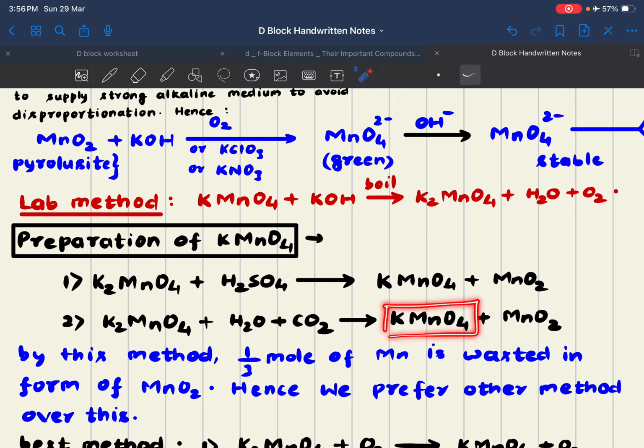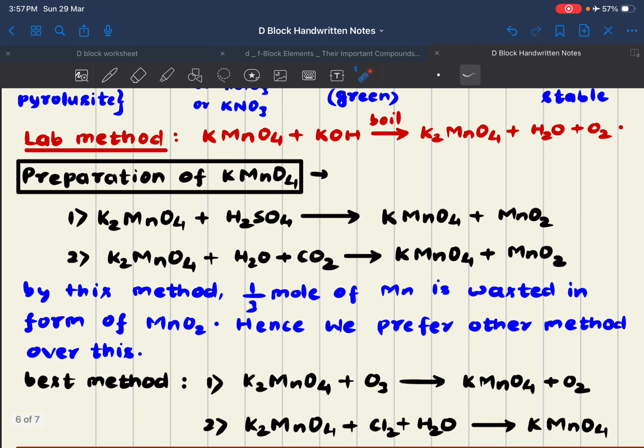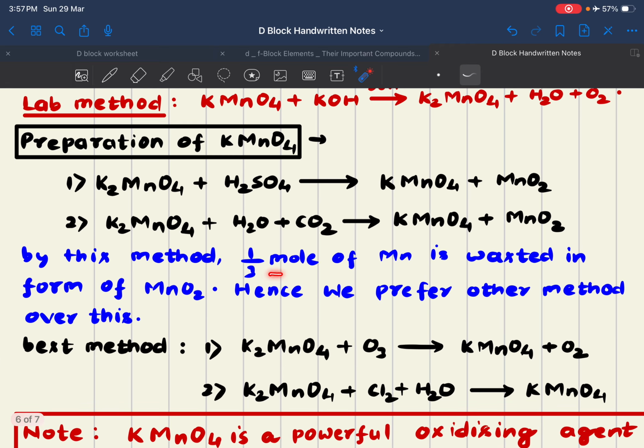I want all manganese to be converted into permanganate. Understood? And for that purpose only, we prefer another method over this method.